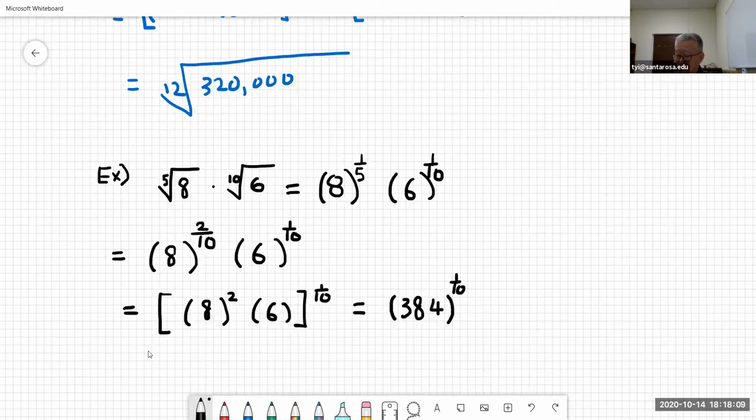Let me see. 2 to the 10. That's not it. Wait. Really? 10th? Oh. No, that's right. Okay. So I want to make sure that 64 times a 6 is 384. So 384 to the 1/10 power.